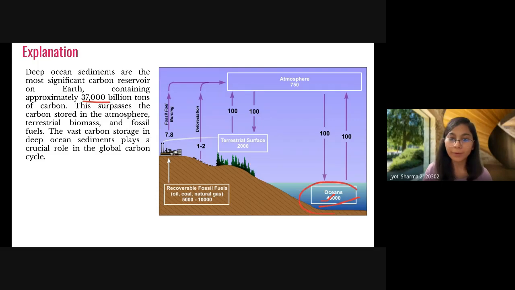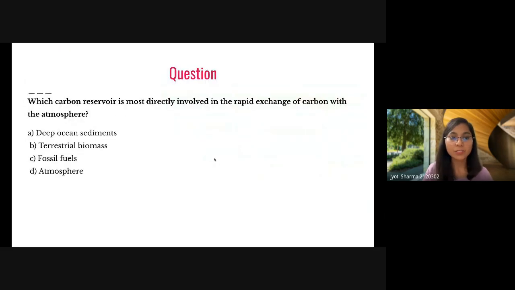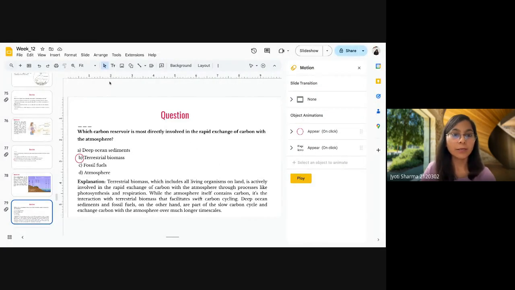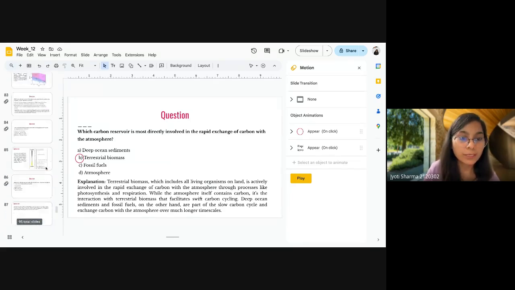Just see the comparison with the terrestrial surface and the fossil fuel. How many more billion tons of carbon do we have in the ocean? So the largest reservoir of carbon is the ocean. I think I should stop here because time is up, and let me go to the next slide.